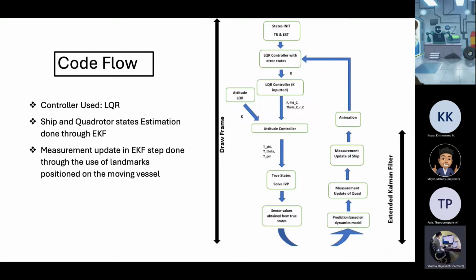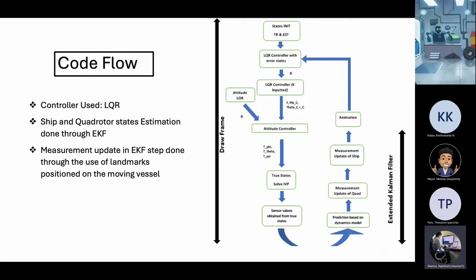We're using three landmarks to estimate the position of the quadrotor, alongside sensor-based values from the IMU and the gyro. After that, the location of the ship is estimated via measurement using a landmark that is placed on the quadrotor itself.